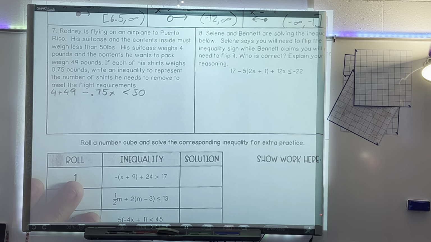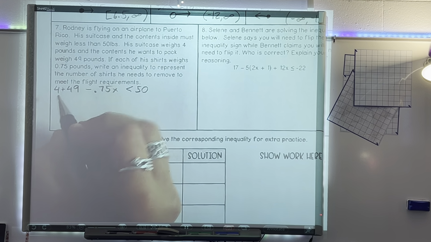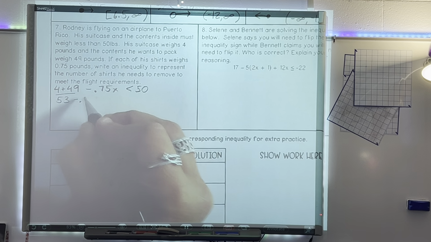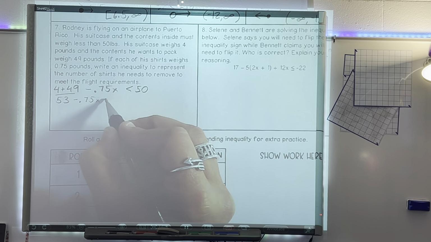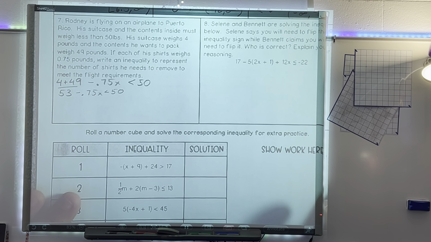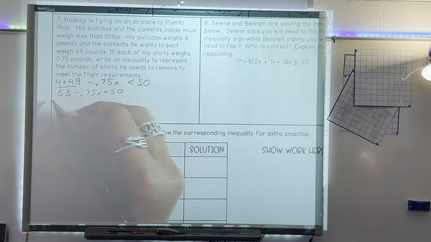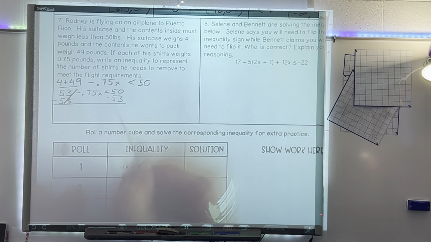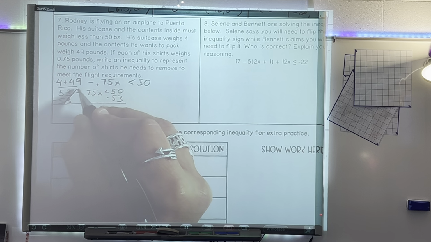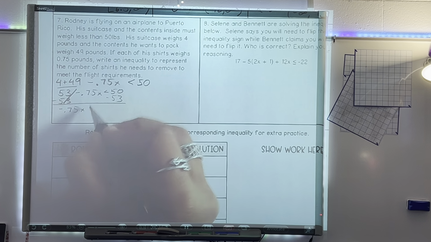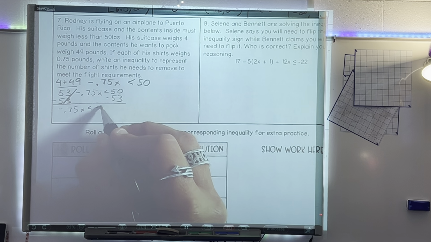All right. So now what do we do here? Combine. I'm going to combine here, which is going to give me 53 minus 0.75x less than 50. All right, now, okay, I'm going to subtract my 53, which means that goes away, and I have, please watch this negative sign right here, negative 0.75x less than negative 3.